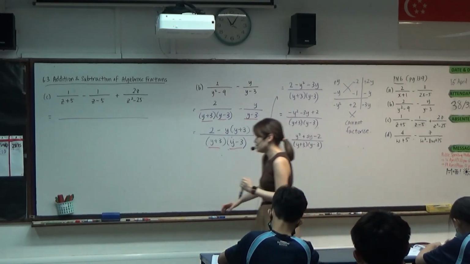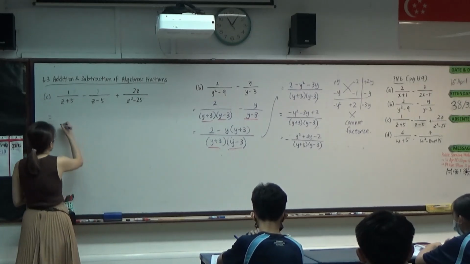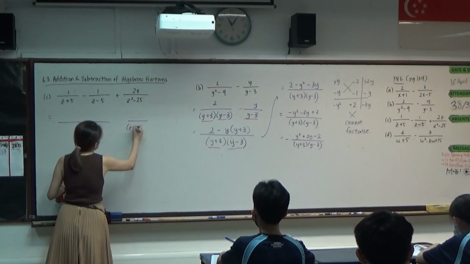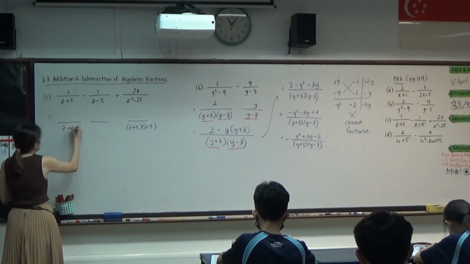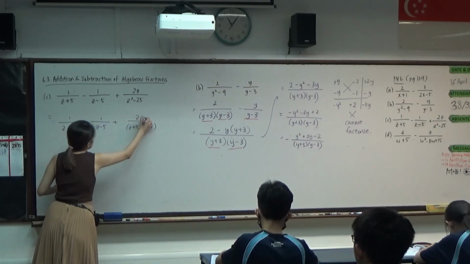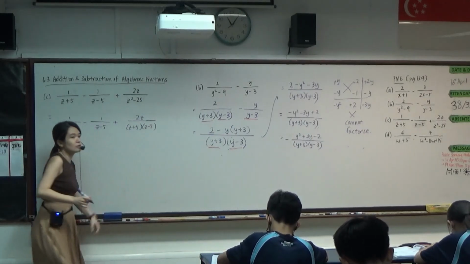Colin says that maybe before that, change the z squared minus 25 to z plus 5, z minus 5. Let me just fill in all the blanks first. So this is what Colin says. We agree with it?